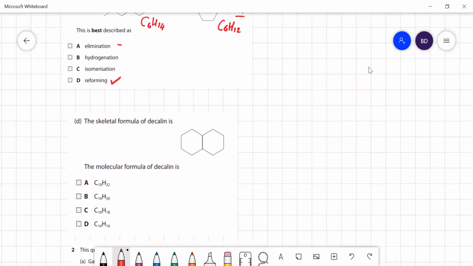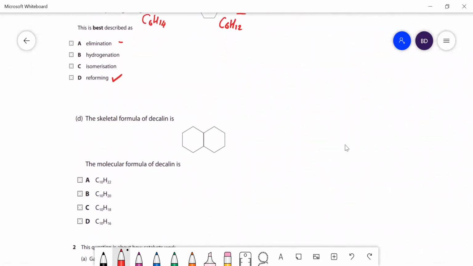Okay, so decalin, you've got 10 carbons. You've got to give the molecular formula. Without counting it up, you can say it's got 10 carbons. CnH2n+2 is for an alkane.